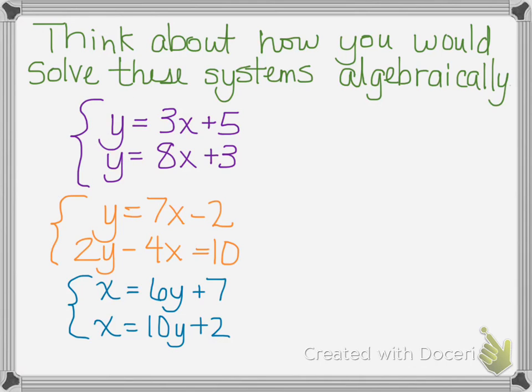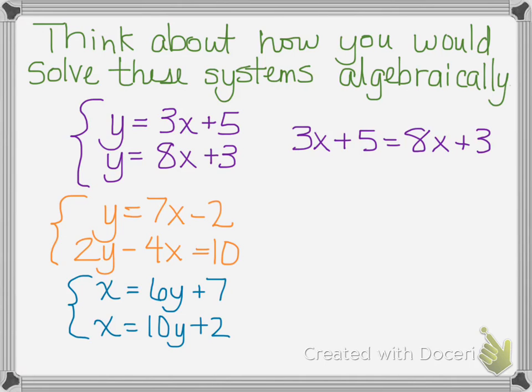So what I can do for this one is I can say, since both of these things are equal to y, then they're equal to each other. So I can say that 3x plus 5 is equal to 8x plus 3. And I've eliminated y from the system now.